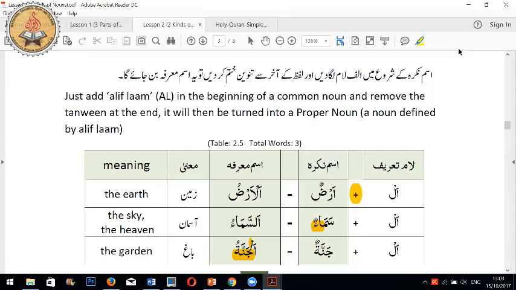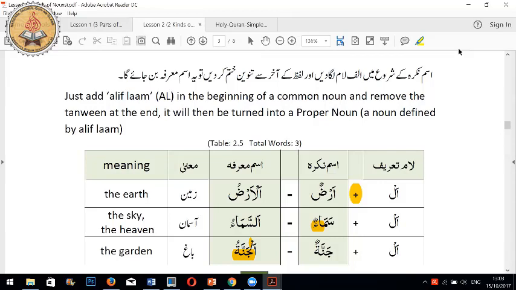The best example I would say is La ilaha illallah Muhammadun Rasulullah. Muhammadun, the most beautiful name in the universe in terms of a personal human name, has taken the tanween. Ashadu anna Muhammadan Rasulullah, and in the Salat al-Nabi Durood we say Allahumma salli ala Muhammadin.